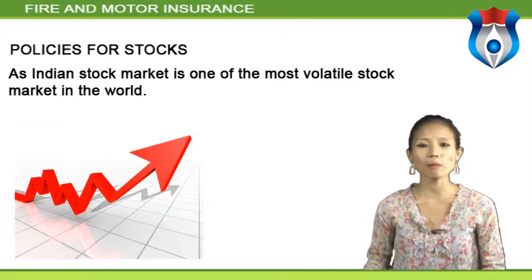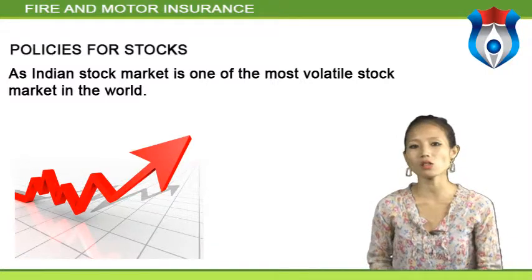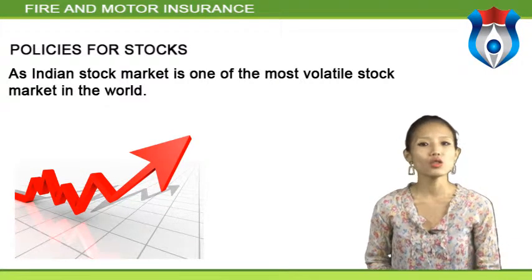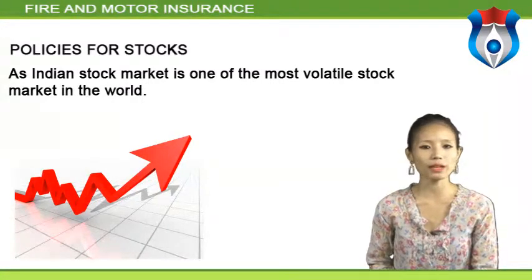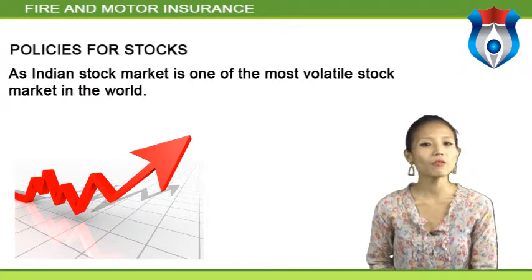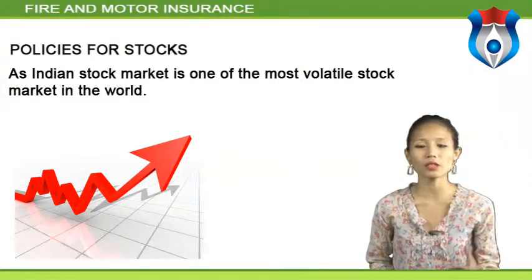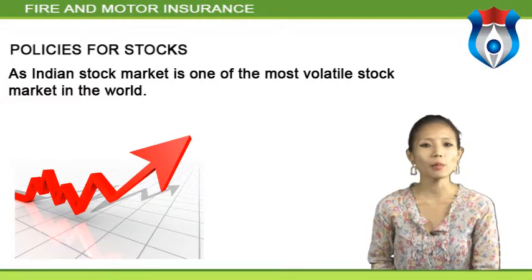As the Indian stock market is one of the most volatile stock markets in the world, and as the number of private corporations is growing day by day and financial markets are becoming more developed, there is a need for the study of different policy implications by the corporate sector.